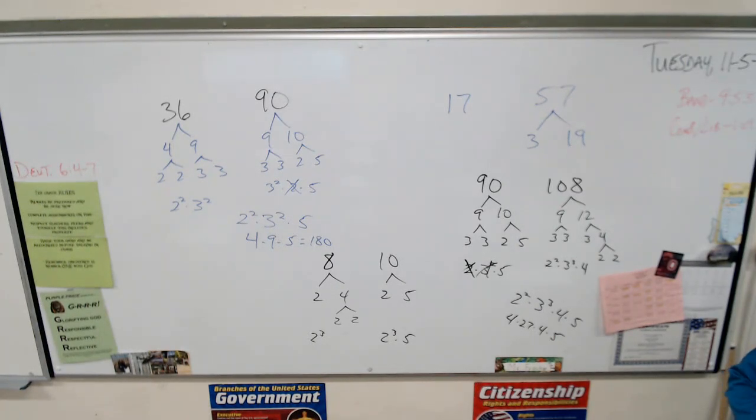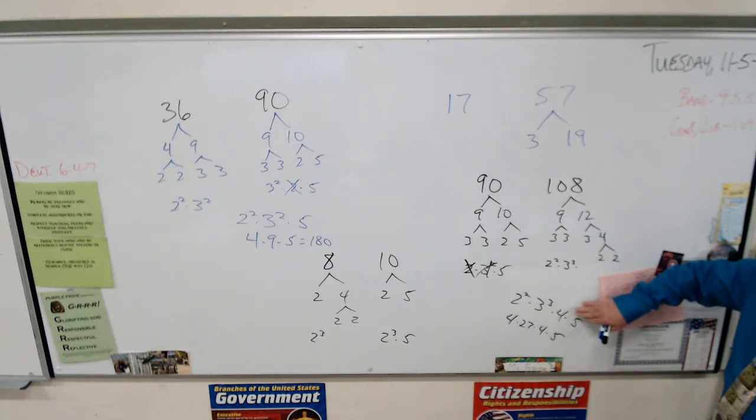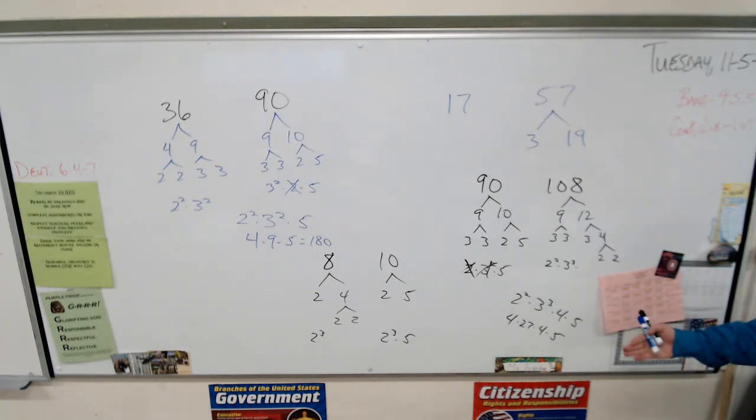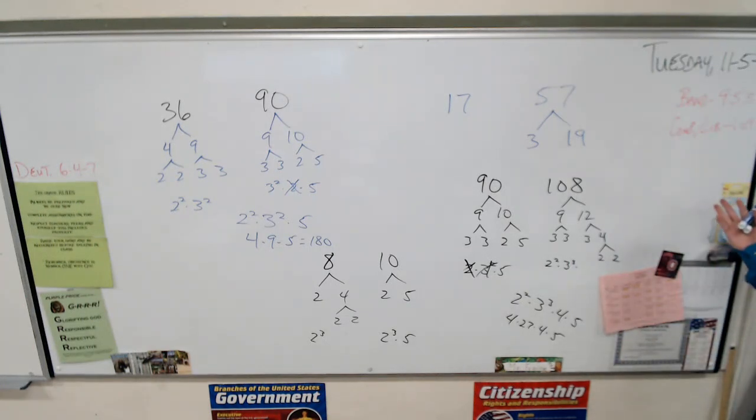Wait a minute, I messed up somewhere. How'd you get 4? 2160. How'd you get a 4 and 27 and another 4? That came from nowhere. 4 is not prime. Yeah, thank you, Bella. How did that happen?